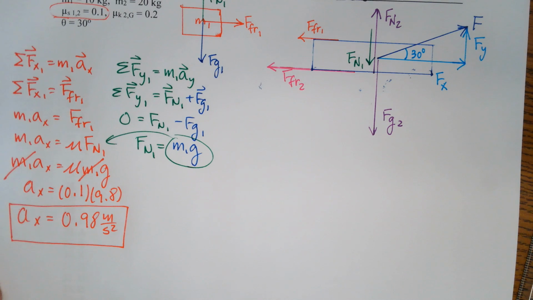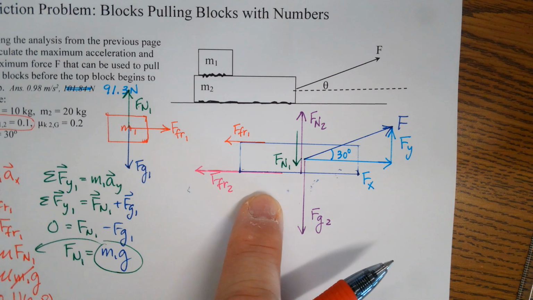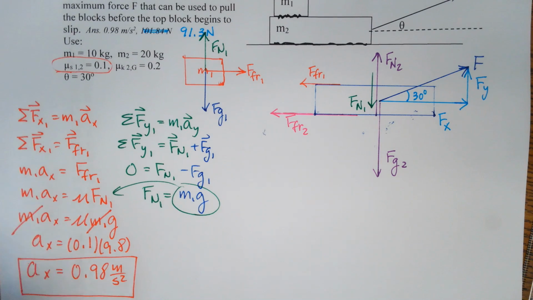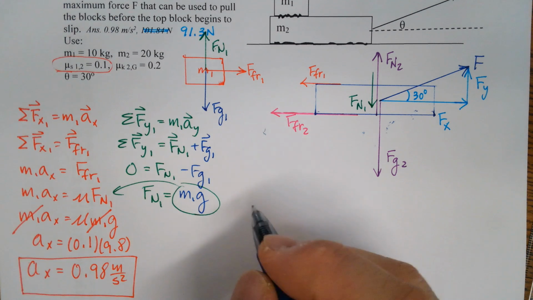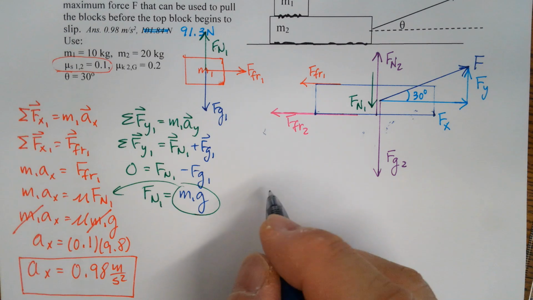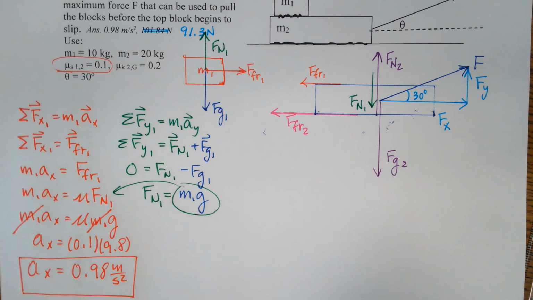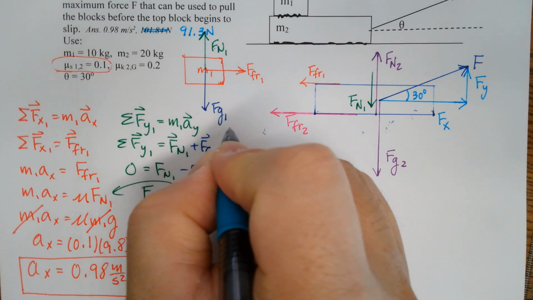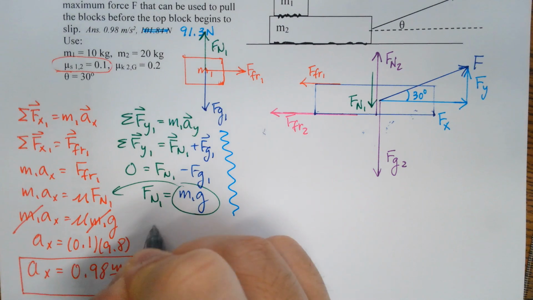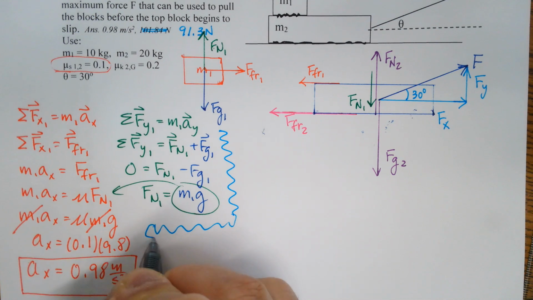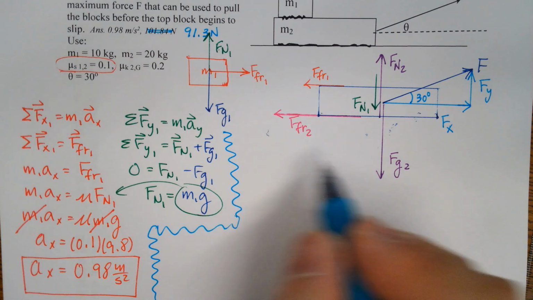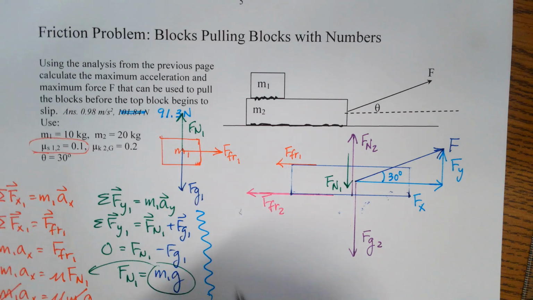All right. Now let's take a look at this one. If we were to look at the bottom block, M2, okay, there are a lot of forces involved in this. So here, if I were to look at just the x direction, let's take a look at sum of all forces in the x direction.